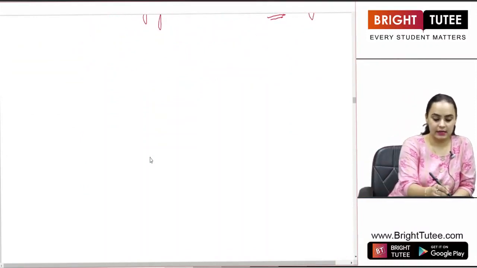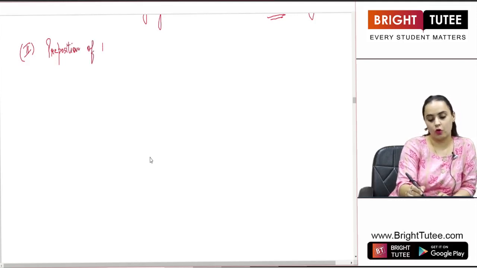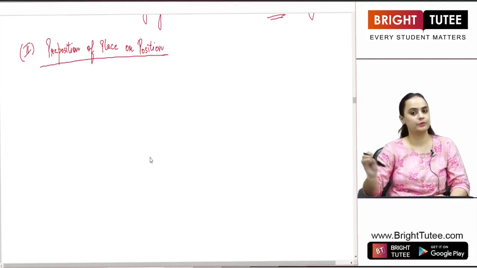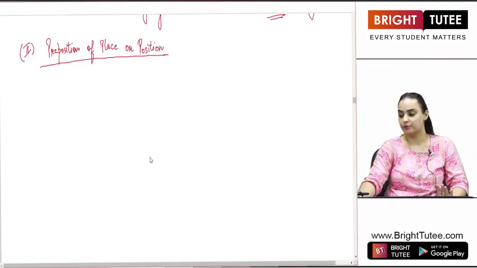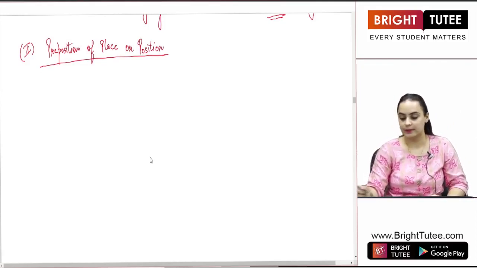The next type of preposition is preposition of place, or also known as preposition of position. So what is the preposition of place?